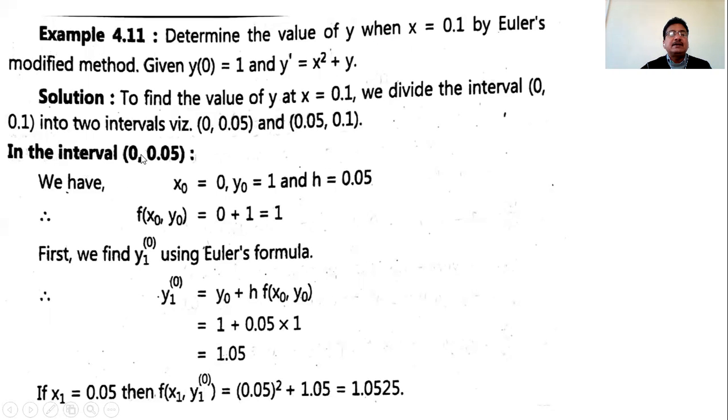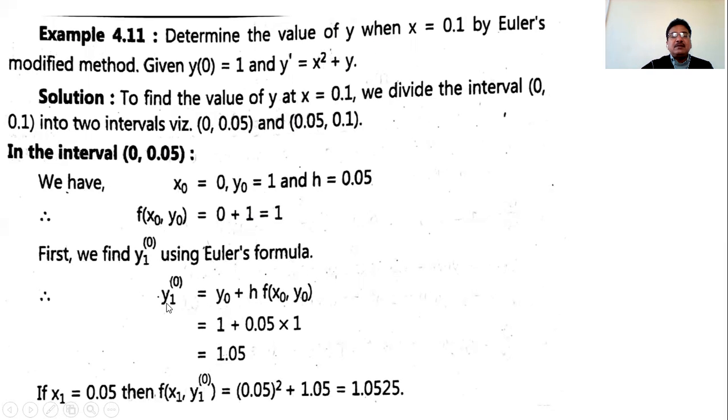Now in the interval 0 to 0.05, we have x naught, y naught, and h. F of x, y is x square plus y. So f of x naught, y naught means substituting x as 0 and y as 1, so we have the value 1. Then we find y1 0 using Euler's formula.